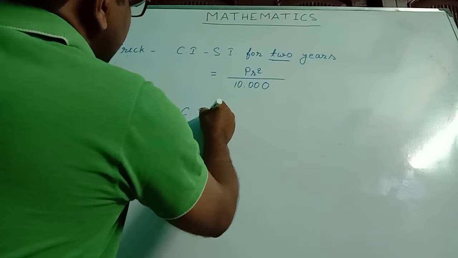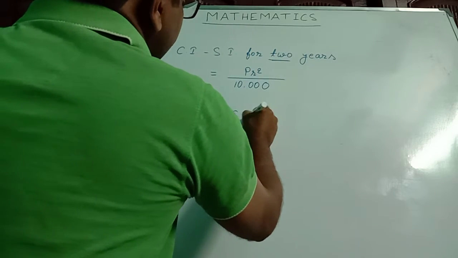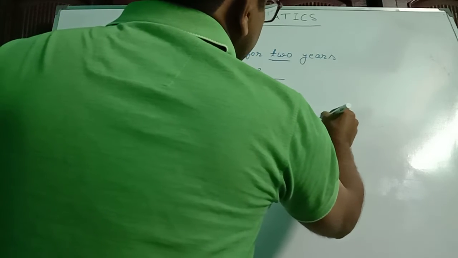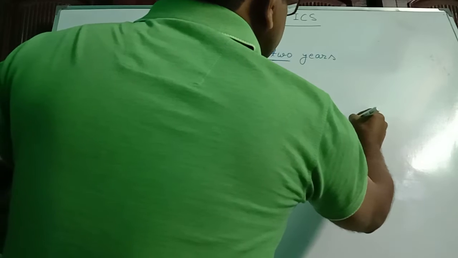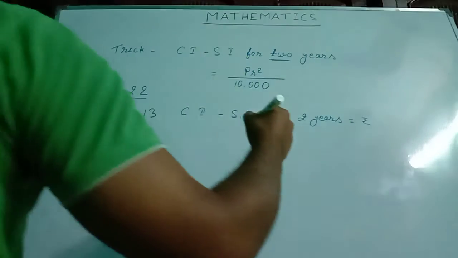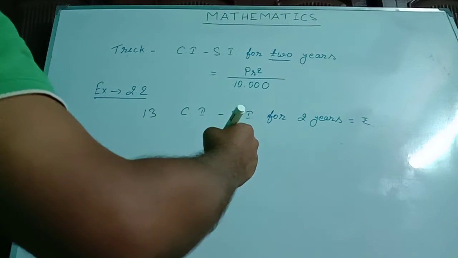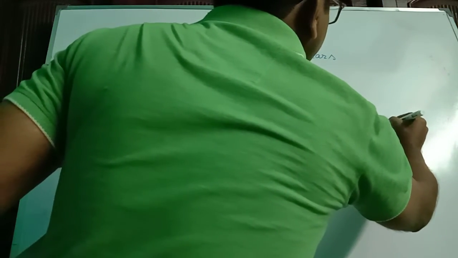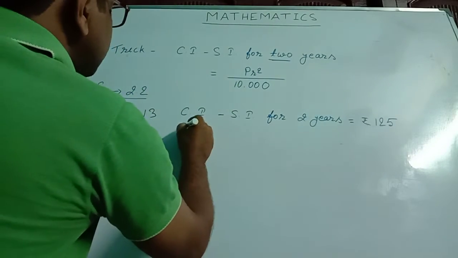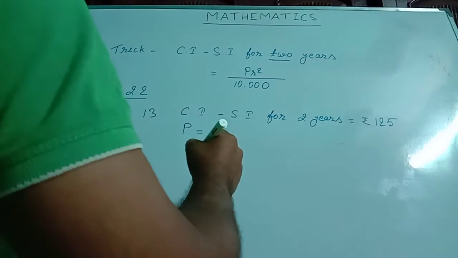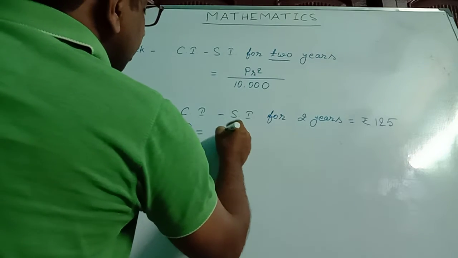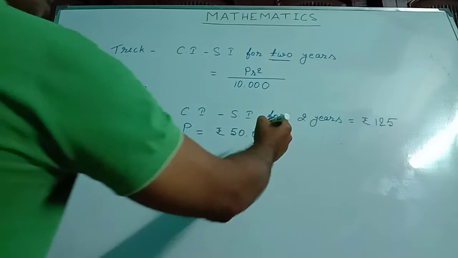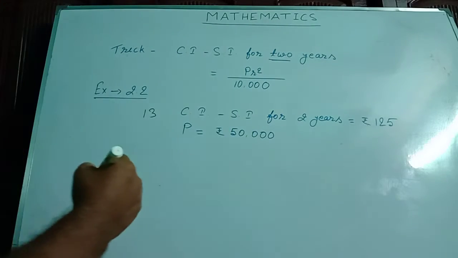CI minus SI for 2 years is equal to rupees 125, and in this question the principal is given, that is equal to rupees 50,000.